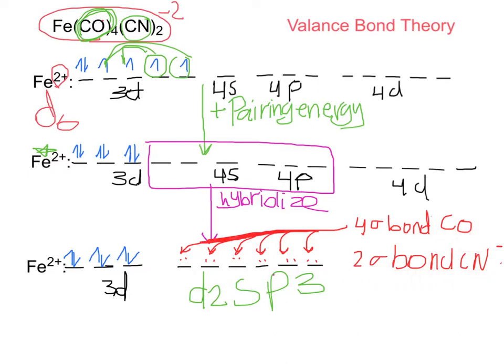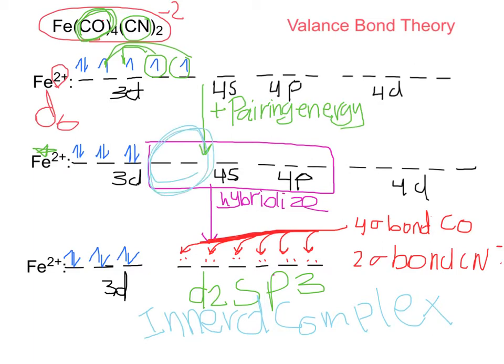And this compound is called an inner d orbital complex, since we're using the d from the inside, the 3d orbital over here.